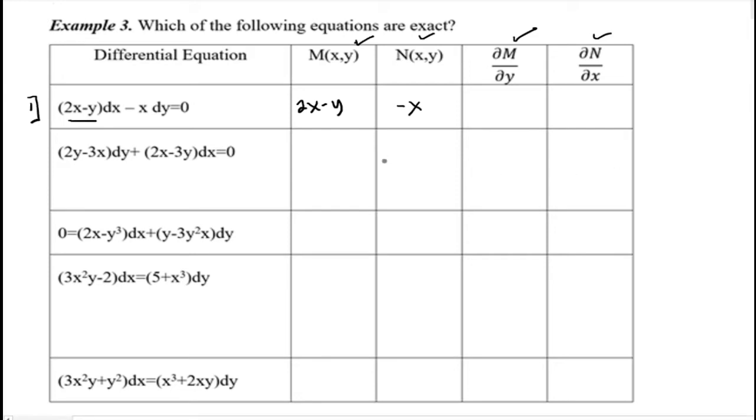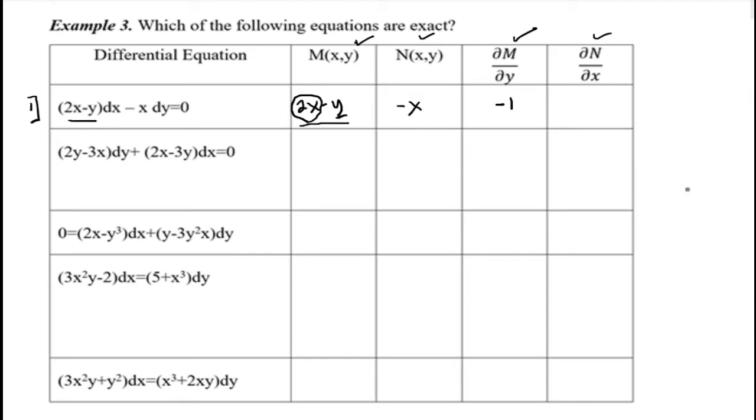In other words, we are going to find the derivative for this 2x minus y, in which y is the variable and x is assumed as constant. So, the derivative here is negative 1. This is the derivative of negative y. And take note, the derivative for 2x is 0, since x is assumed as constant.